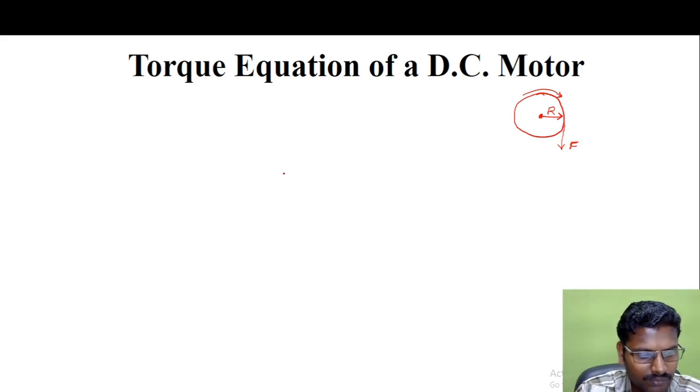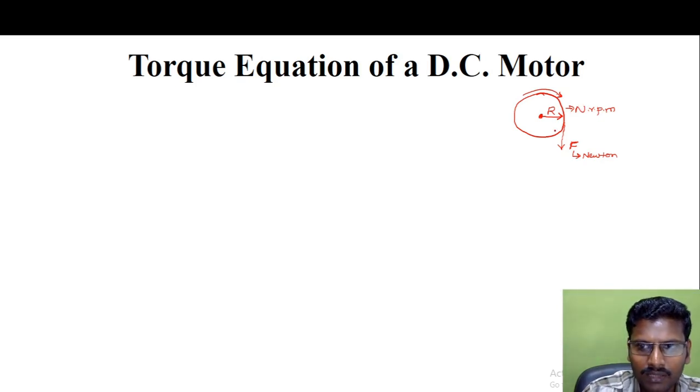So now, as I already told, torque is nothing but turning force or twisting force. Now this force has Newton as the unit, right? Let's consider this brake drum or wheel rotating at a speed of n rpm. Let n be 1500 or 2000, whatever it may be, and its unit is revolutions per minute.